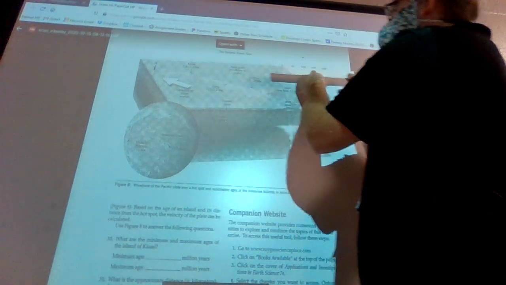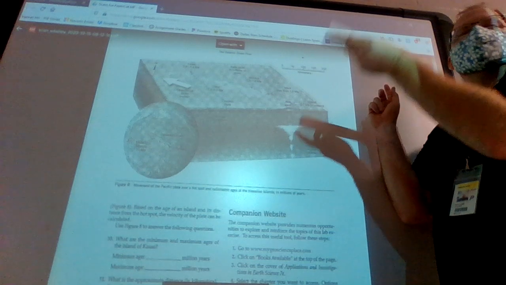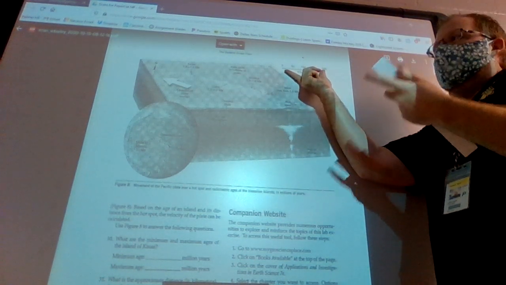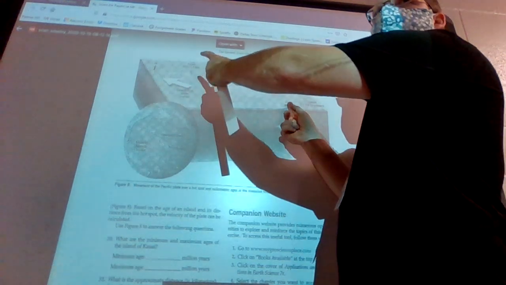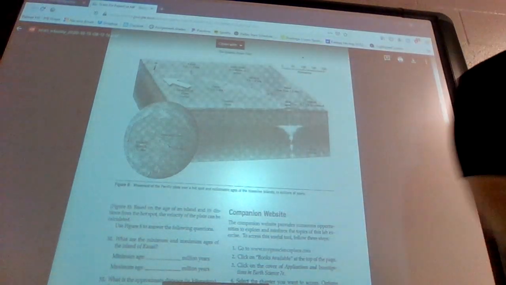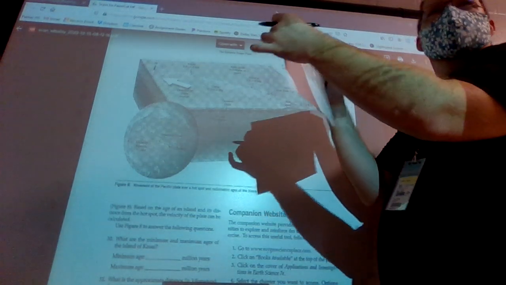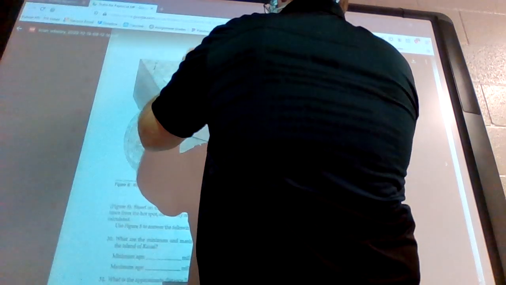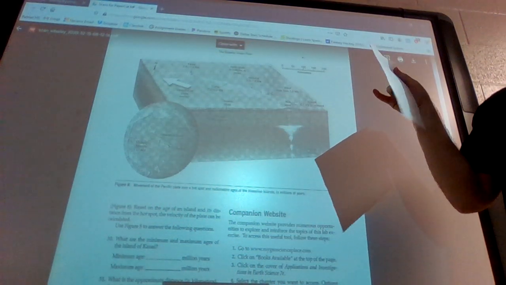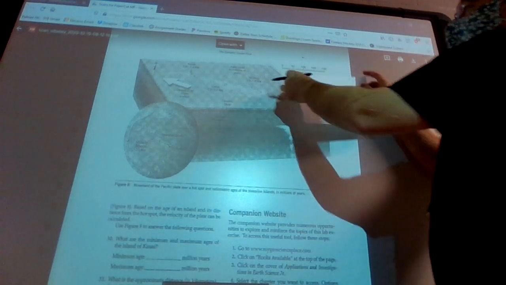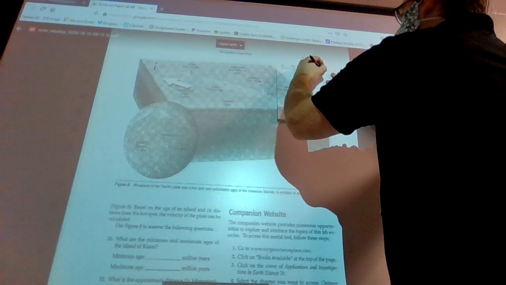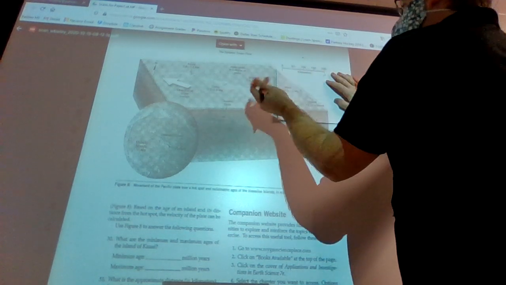And then you're going to have to come in here and get your distance. Notice your scale bar is actually smaller than the distance you need to measure. So, for example, I'm going to make this a little bit shorter. It's not accurate. But let's say I measure from my hot spot, and I come all the way out here to the end of my piece of paper. I just need to do several measurements to get my overall total distance. So I'm going to line this up with my mark, and I'm going to say, okay, this is 200 kilometers.